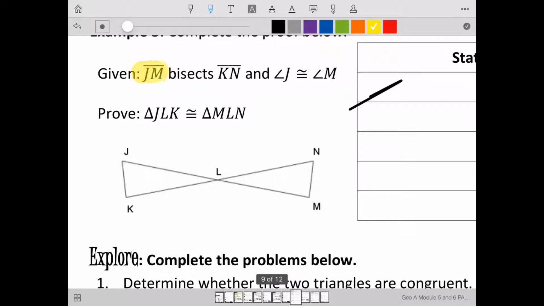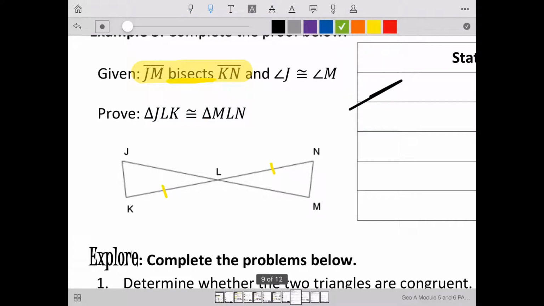First, we are given that JM bisects KN. If we think about what the word bisects means, it cuts it perfectly in half. So if JM is bisecting KN, I know that this side of KN has to be congruent to that side of KN.